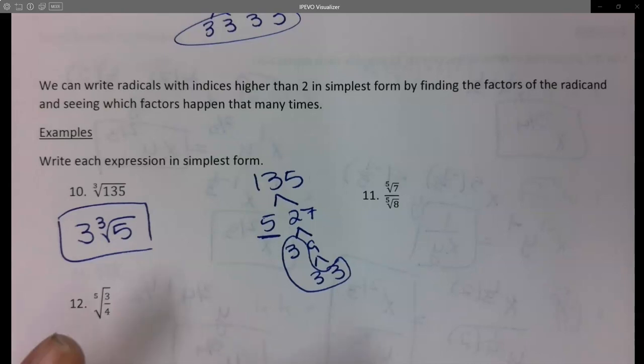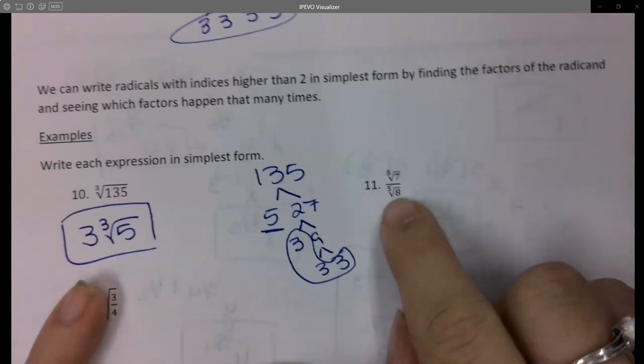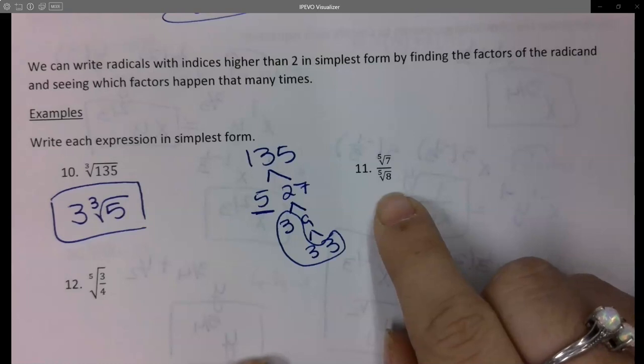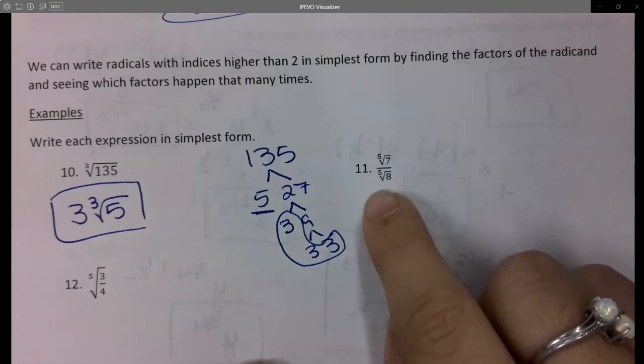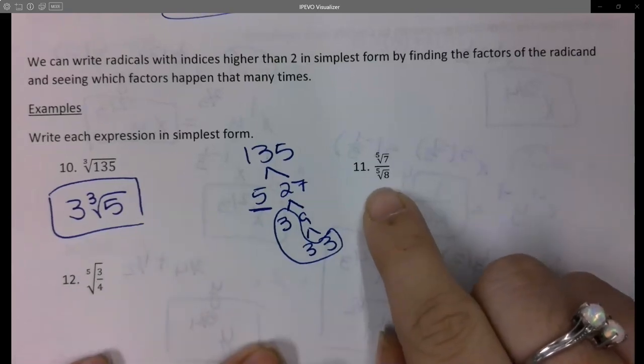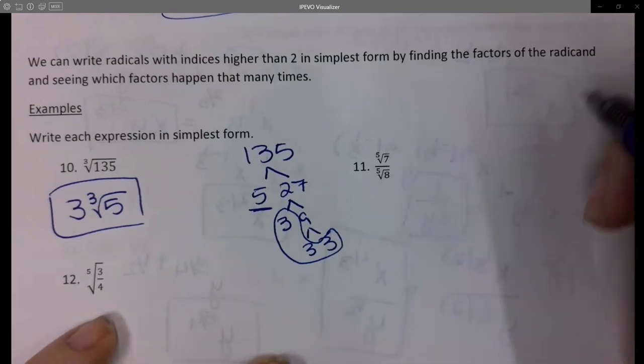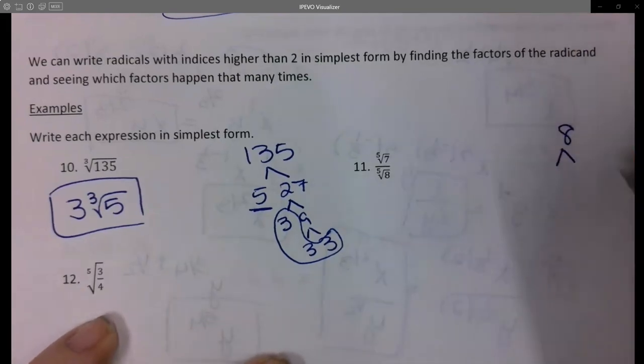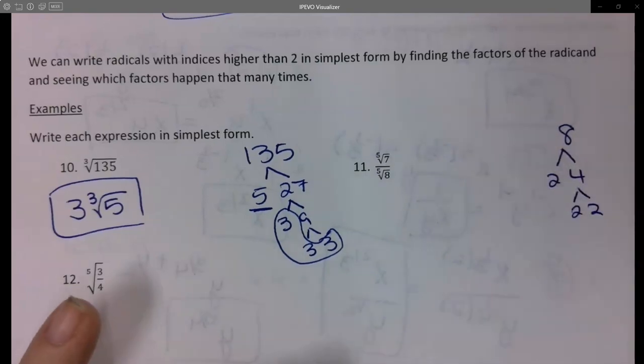Okay, so on number 11, I could rewrite it as one giant fraction, but 7 and 8 isn't going to simplify. So what I'm going to do is try to get rid of the radical on the bottom. First thing I want to do is factor tree 8. So I have 2 and 4, 2 and 2.